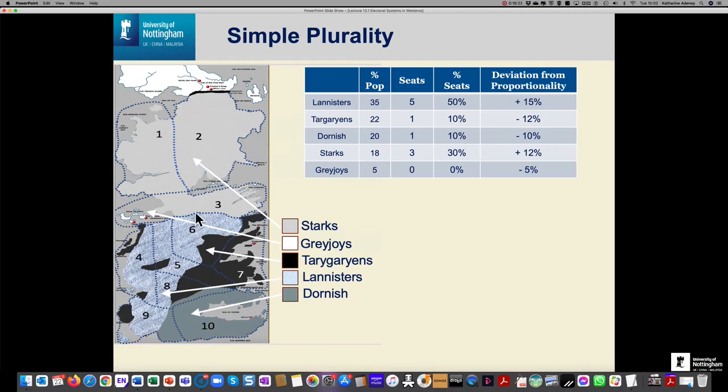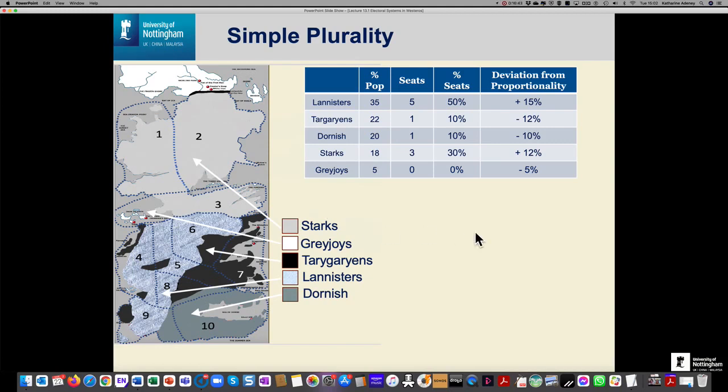But if we move to constituency 3, because the Starks are 70% of the population there, and the Greyjoys are only 30% of the population in constituency 3 as a whole, the Starks are going to secure the seat, and the Greyjoys are not going to have any representation at all.